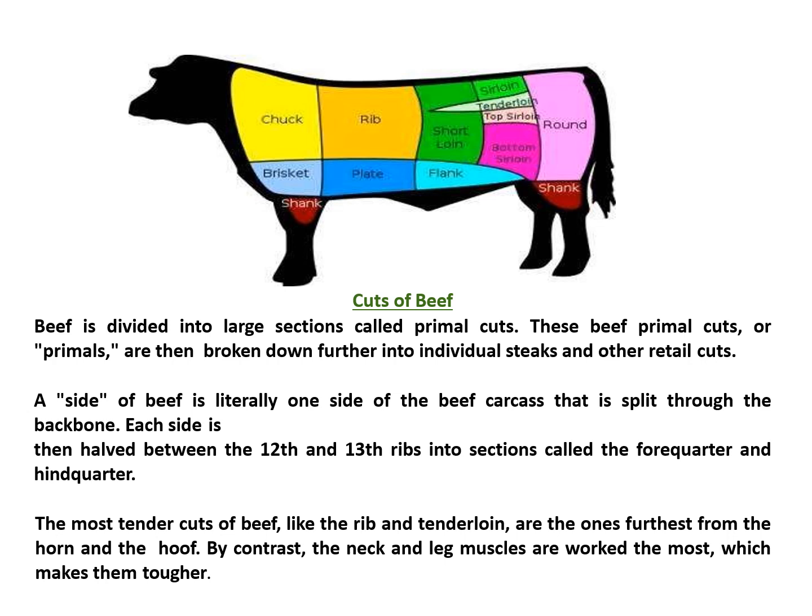First, chuck, then brisket, shank, rib, plate, short loin, flank, sirloin, tenderloin, top sirloin, bottom sirloin, and round. Here there are two shanks. First is foreshank and then hindshank.